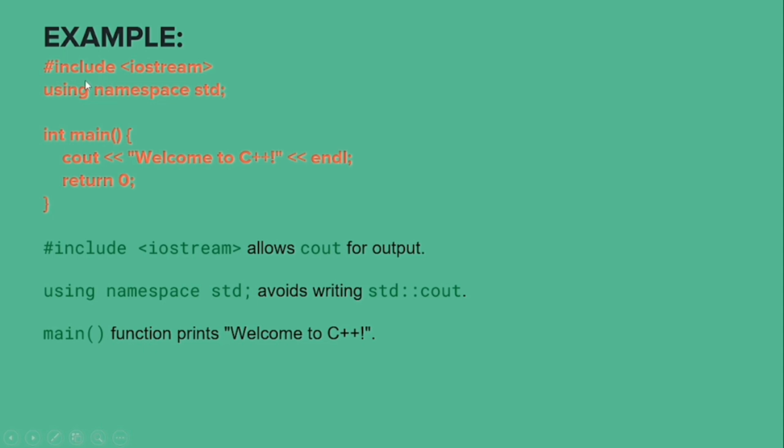This header file provides the functions related to cout, which is related to input and output operations. Cout is used to print output on the screen. If we don't include this header file, we are not able to use the cout function. So we use the header file that enables the cout function to print out the message welcome to C++. It is directly linked with the cout function.